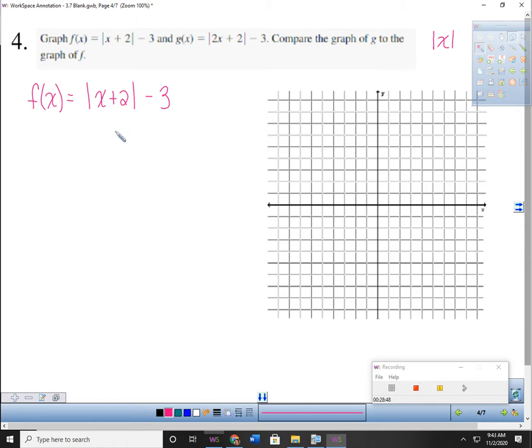It moves to the left, right? Look inside here and you see that you're adding 2. That means you're going to move left, which means we don't really want to pick numbers over here, right? We normally pick as far as 2, but we might want to shift that 2 to the left and make 0 the farthest we pick to the right. Does that make sense? All right, and we also know that it's going to move down 3, correct?